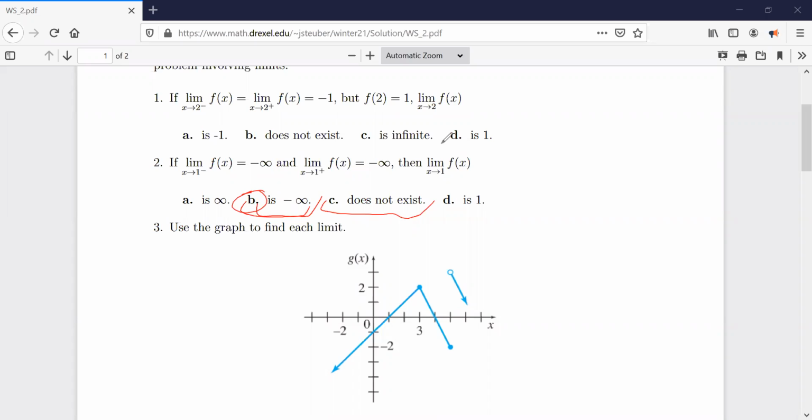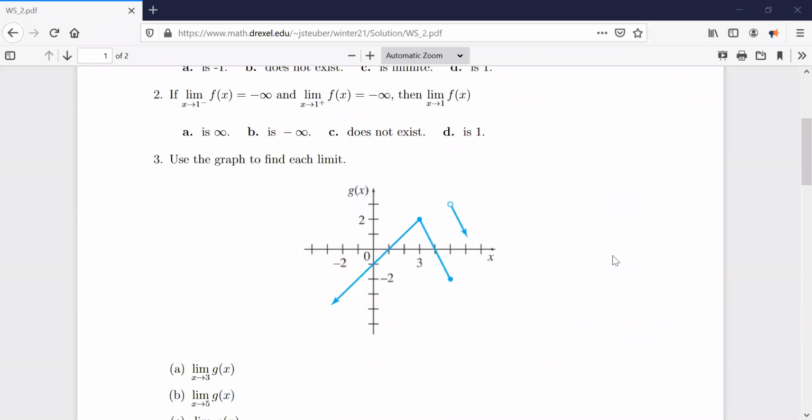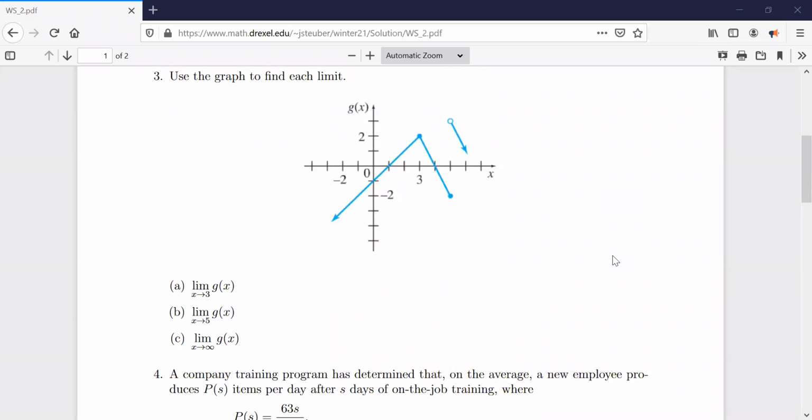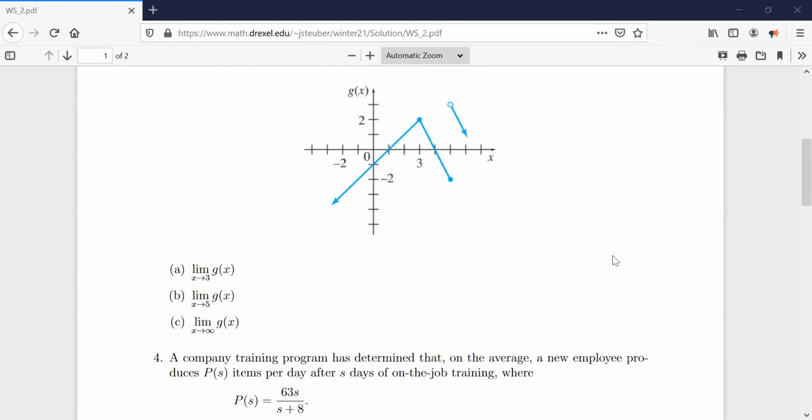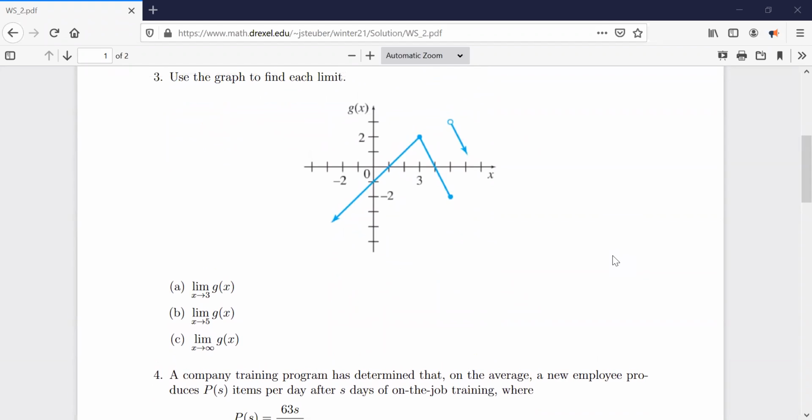Another way of thinking about this: am I just looking for a limit in the real numbers, in which case it does not exist? Or am I allowing it to also approach positive or negative infinity, in which case it equals -infinity? That's a bit of a trick question, but don't worry too much about it.